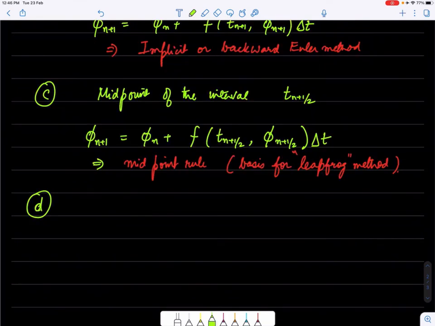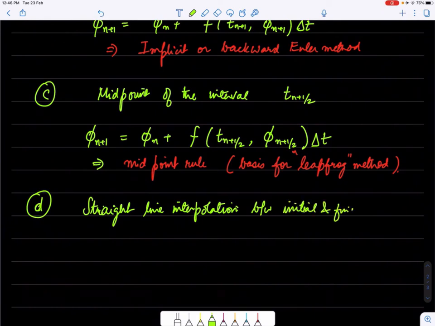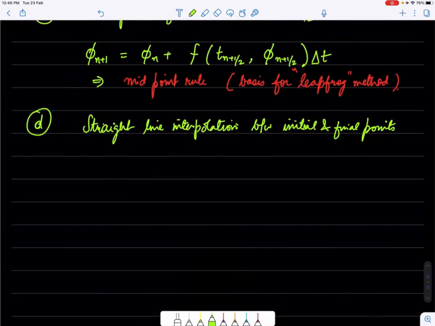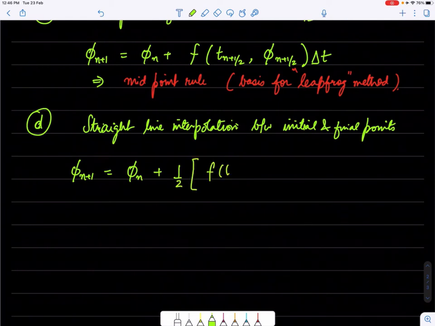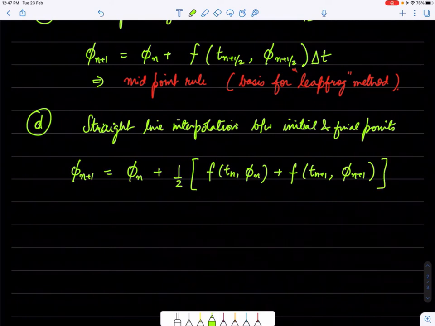The last method will be to use some kind of a straight line interpolation, let's say between the initial and final points of the integral. So we can write phi_(n+1) to be phi_n plus, let's say, half of f(t_n, phi_n) plus f(t_(n+1), phi_(n+1)), times delta t.